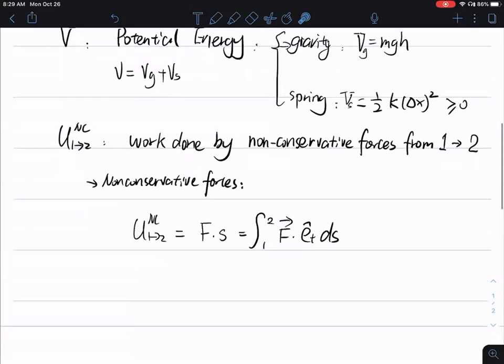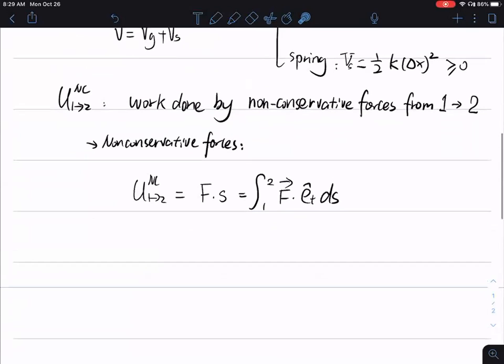For example, if our floor is not flat, we have a particle right here. We can apply a force to that particle.